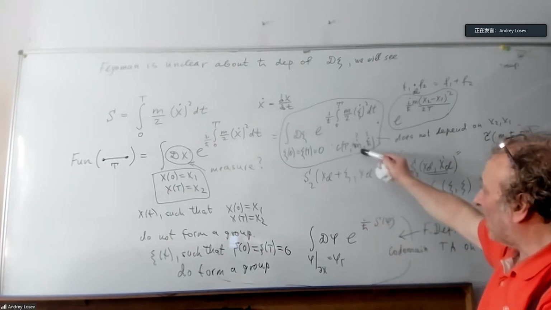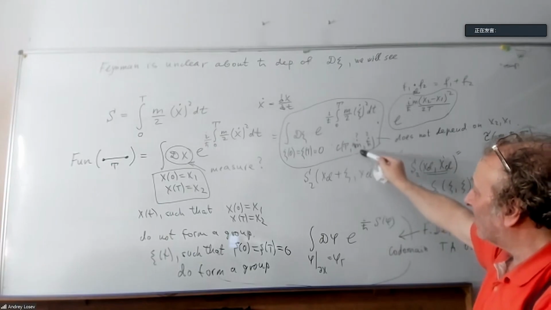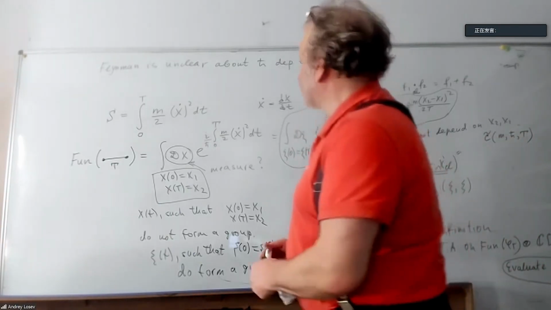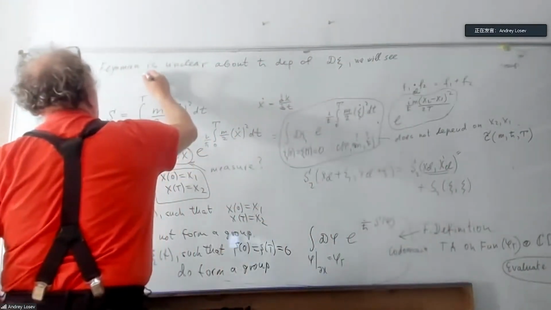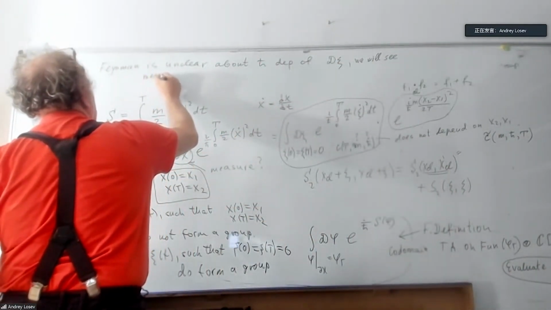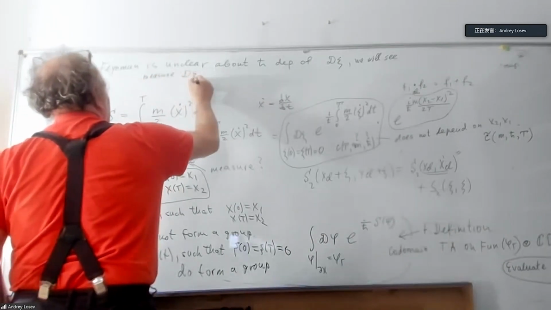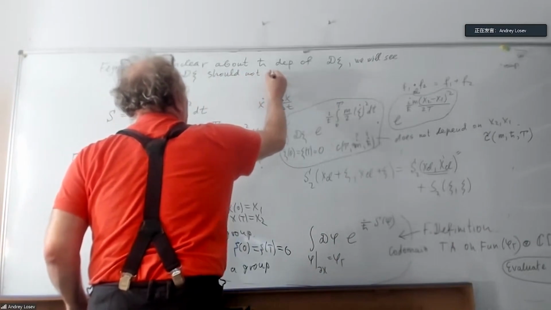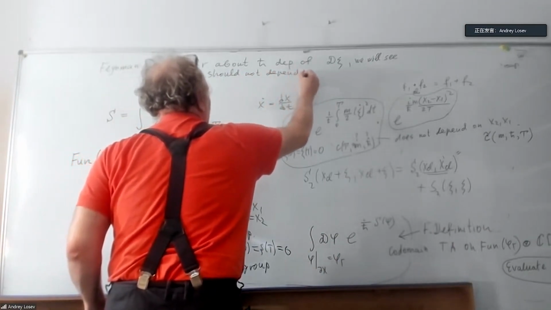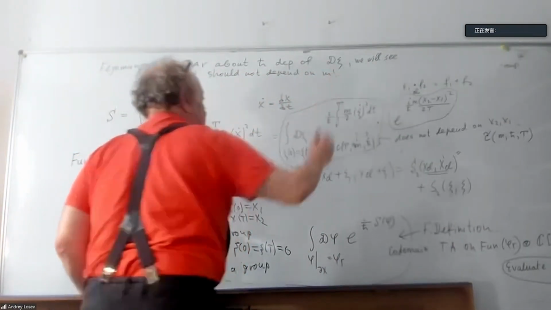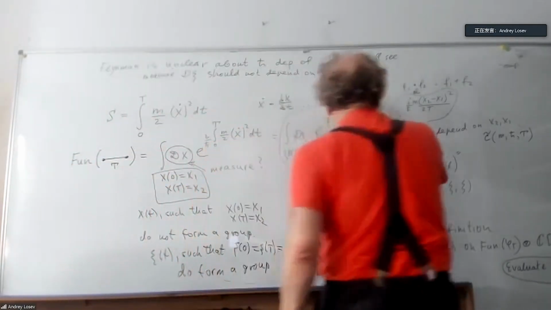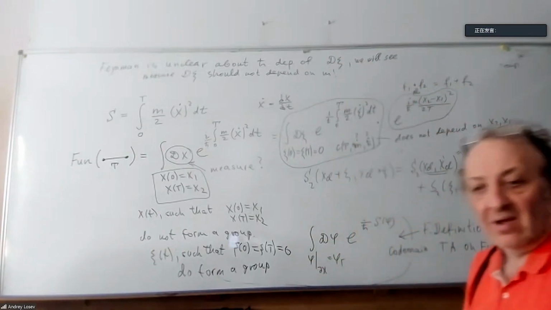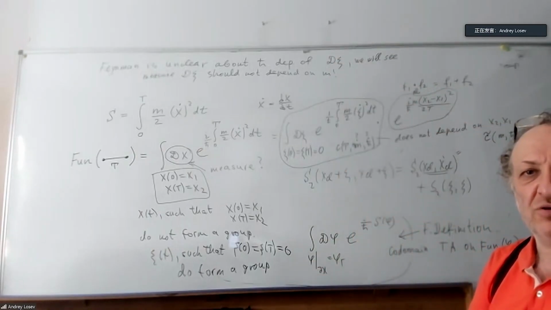Now, what I would like to say, that when things are written like this, I would say measure xi should not depend on M. Because M is considered to be a piece of the action. How can it be that measure depends on M?